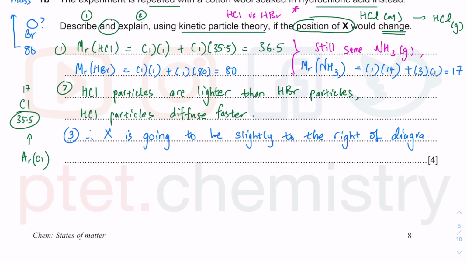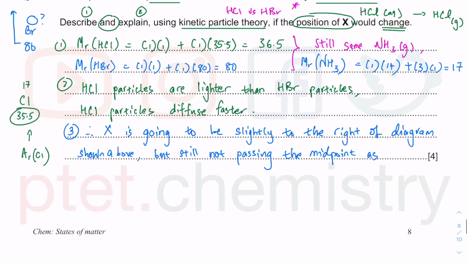We want to be as clear as possible, to the right of the diagram shown above, but still not passing the midpoint, as HCl is still heavier than NH3.